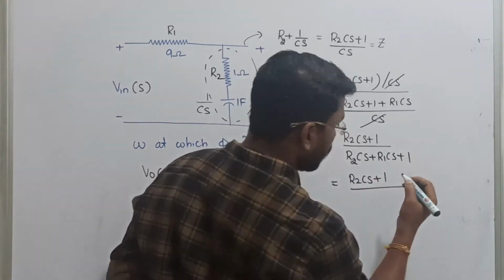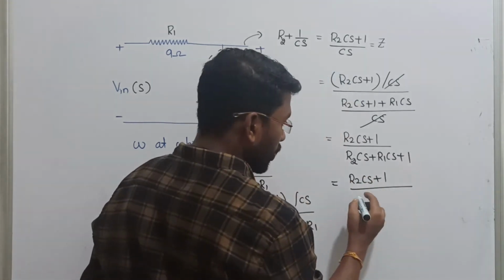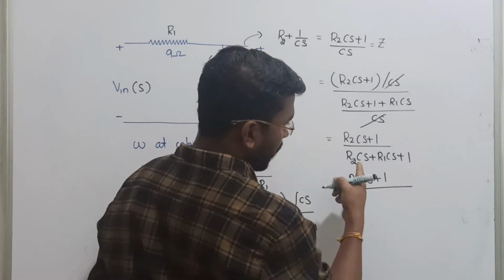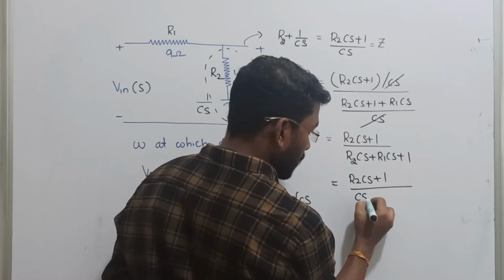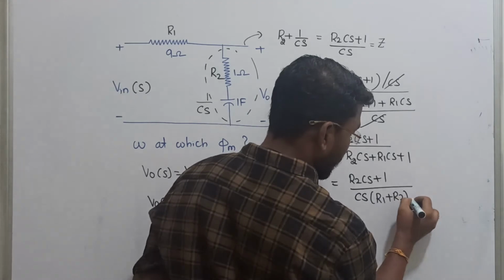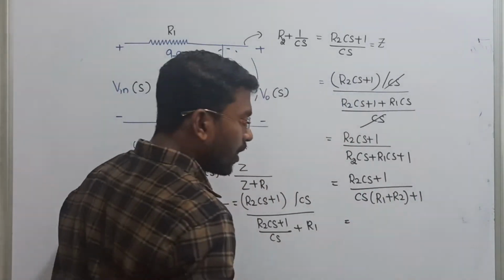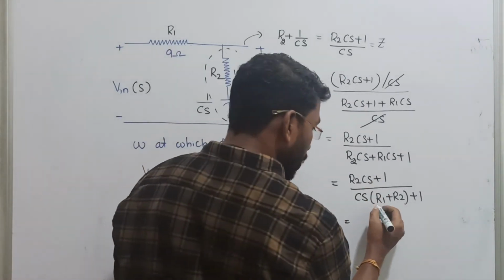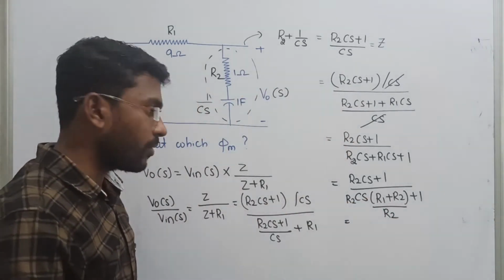In the denominator, I am taking Cs outside from these two terms, and then it becomes R1 plus R2, times Cs, plus 1. Instead of going with the multiplication and division at all, let me try to reduce it simply. To the numerator and the denominator, I am going to multiply by R2 and divide by R2.